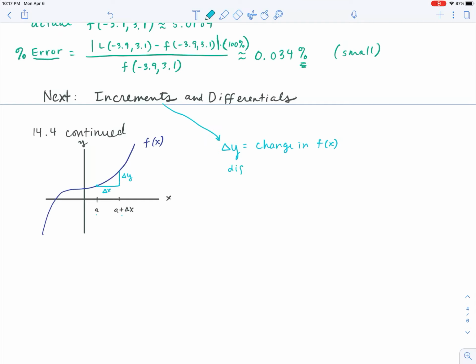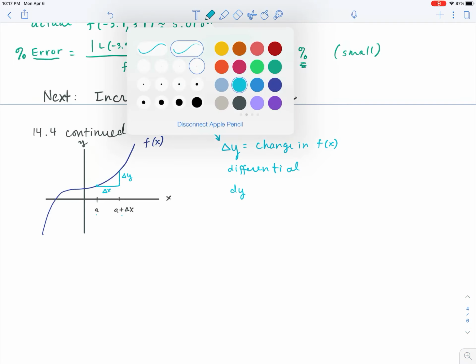A differential, in other words, is dy. dy and dx are called differentials. So dy measures something slightly different.